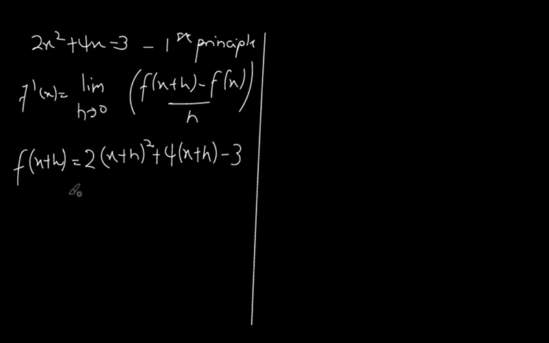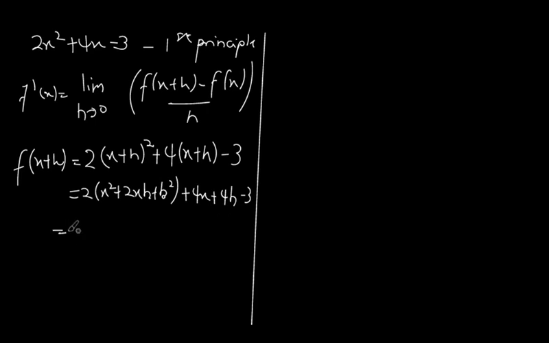So we then simplify. So we will have 2 into bracket x squared plus 2hx plus h squared, then plus 4x plus 4h, then minus 3.